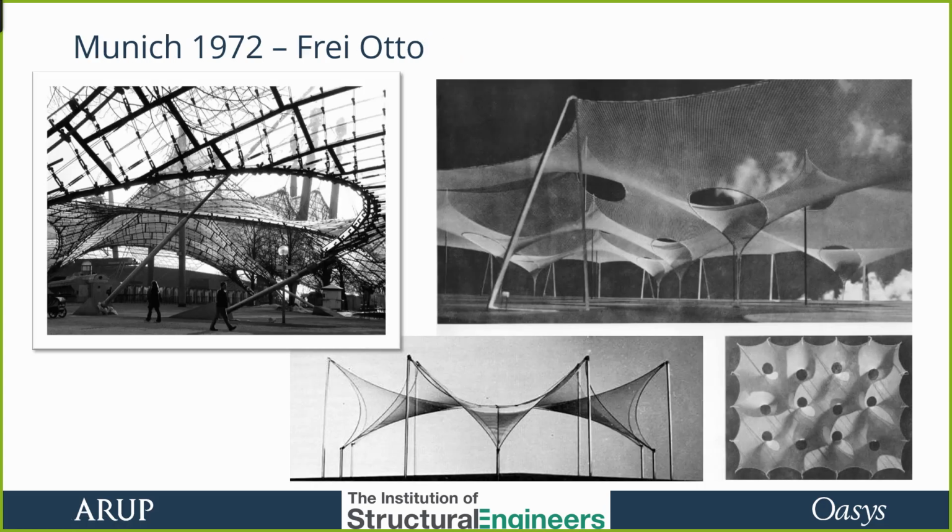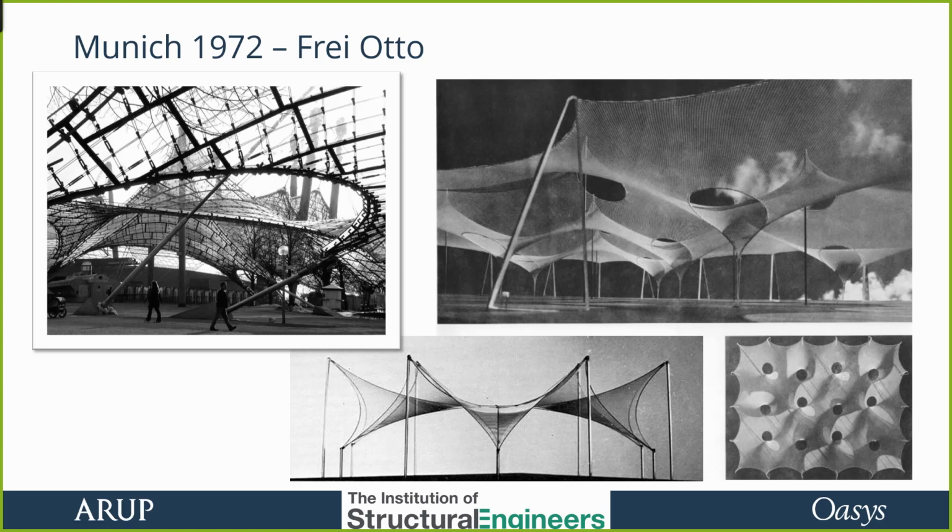Now, other shape optimizations, tent structures. So tents have been used for millennia, but it wasn't until late 20th century that engineering architects began to take these quite seriously as engineering structures. So Frei Otto, Munich, 1972, Olympic Park.